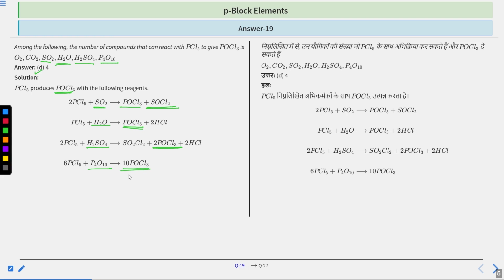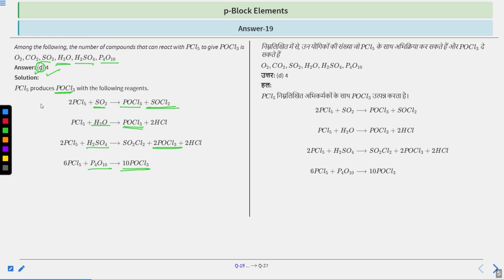So from the compounds given in the question, there are 4 compounds which give POCl3 when reacted with PCl5. So the correct answer is option D, that is 4.